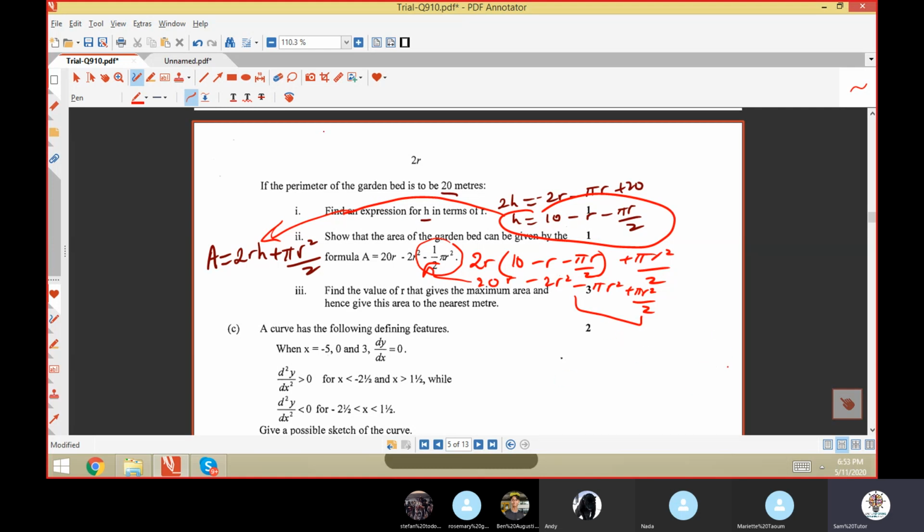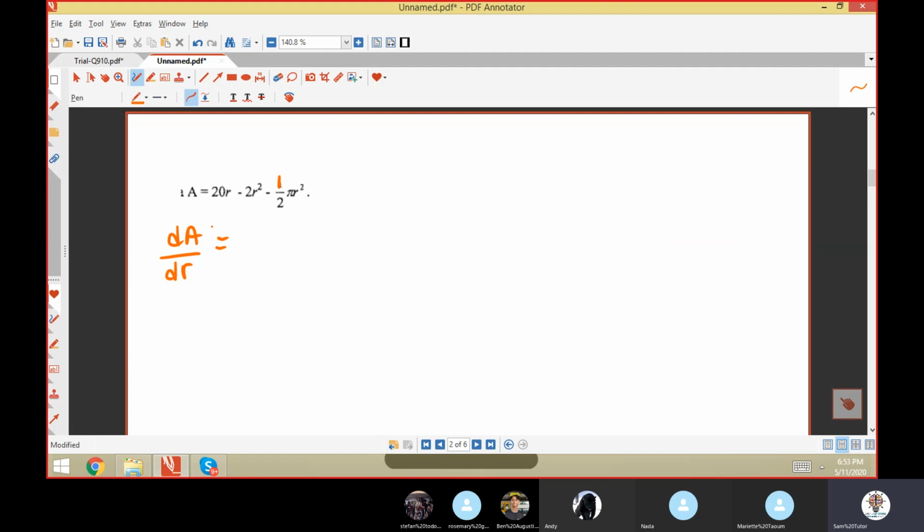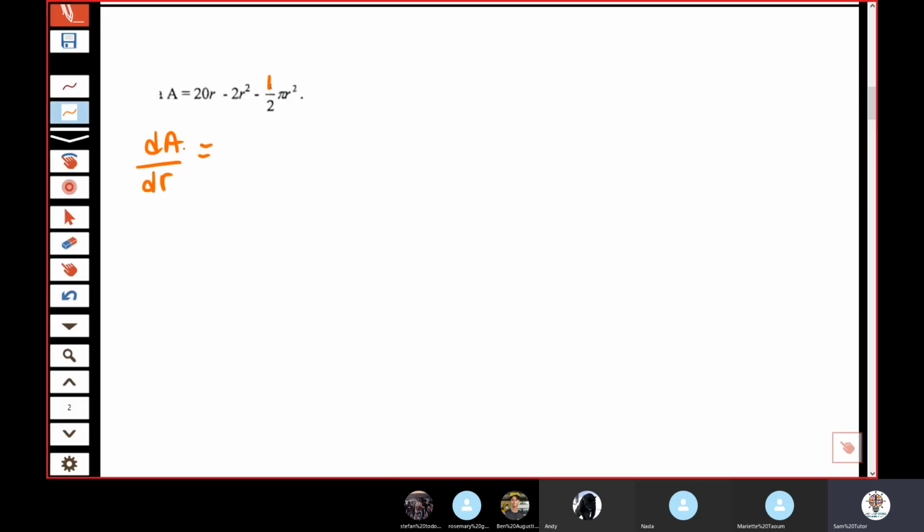And now we're going to differentiate this. That's the next page. And then it's just stationary points in nature. Yes, correct. So 20 minus 4R minus 2 times half is gone, minus pi R equals 0. I would, at this stage, bring my r's to one side because I know it's not a quadratic.